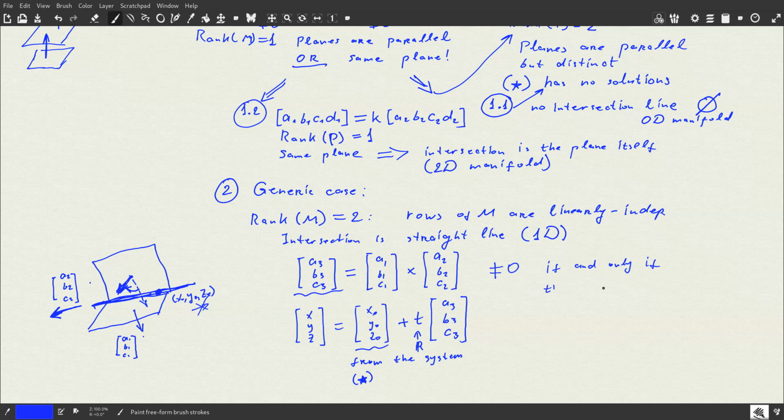The genericity condition holds. And this genericity condition is precisely that rank of M equals 2. The rows are linearly independent. If the rows become linearly dependent, then the vector product immediately becomes 0. Okay? So that should be pretty clear.